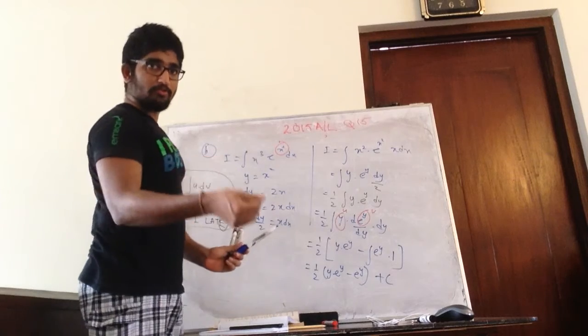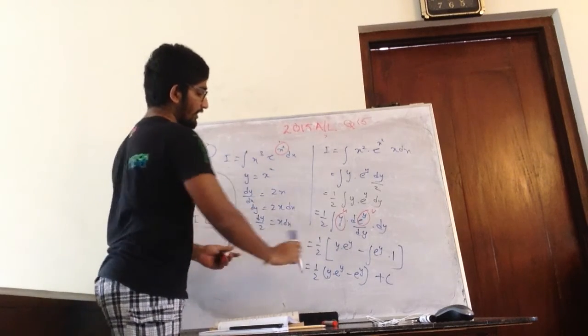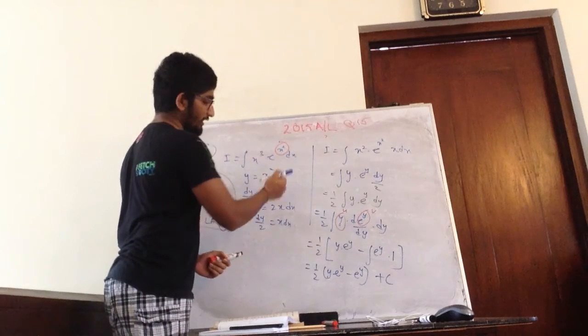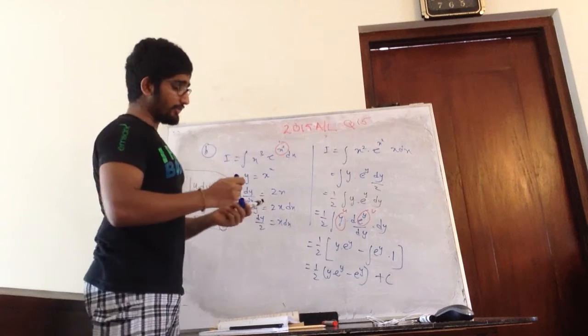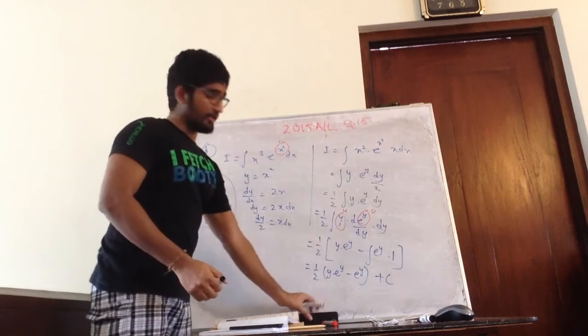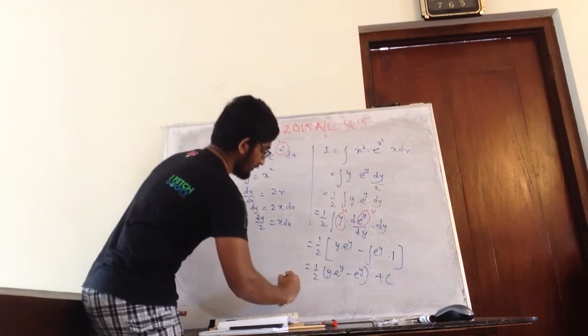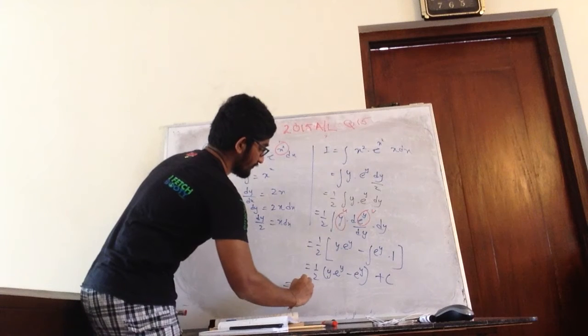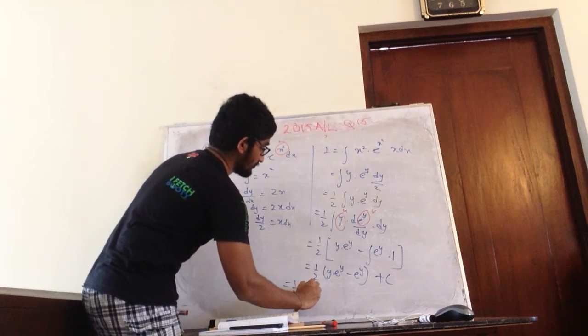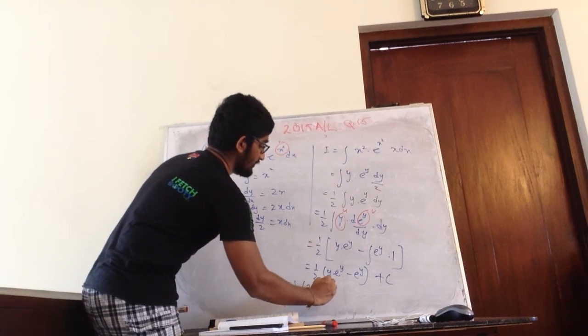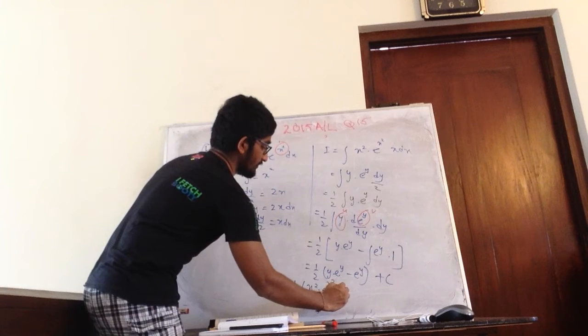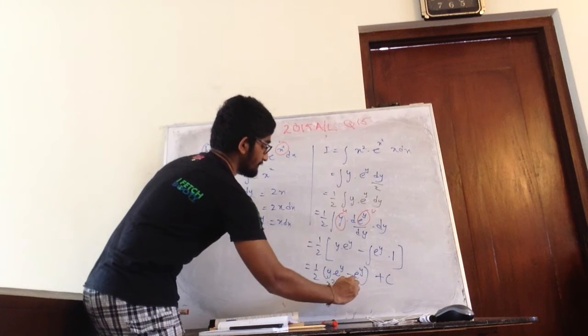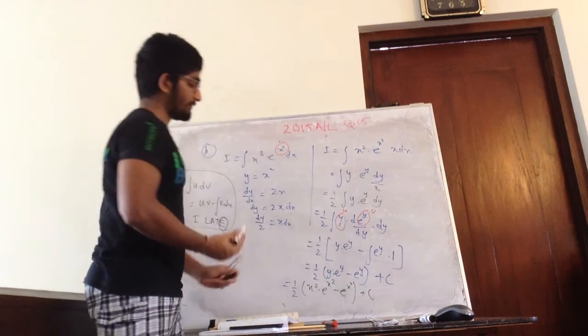Right? So now you need to substitute y as x squared. Then you will get the answer. If you substitute that, this will become half of x squared e to the x squared minus e to the x squared, plus c.